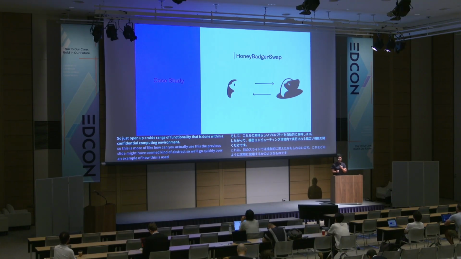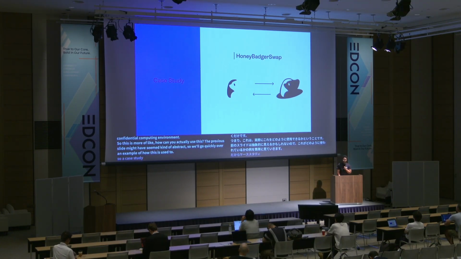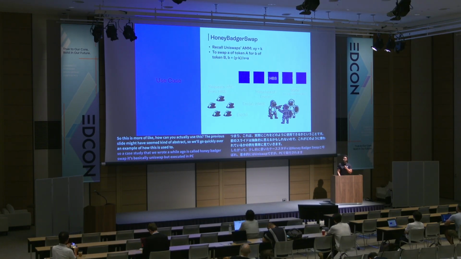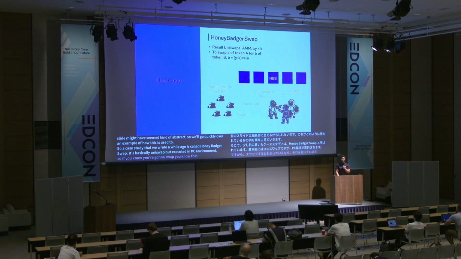A case study that we wrote a while ago is called Honey Badger Swap. It's basically Uniswap, but executed in an MPC environment. If you know Uniswap, you know that it does a constant market maker. So basically x times y is equal to k. X and y represent the sizes of pools of different assets, and k is some constant.